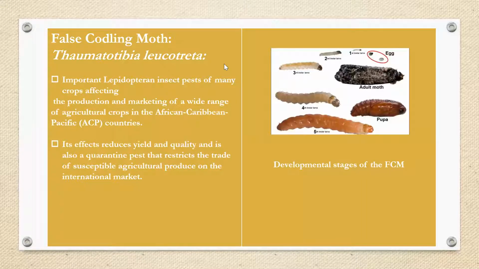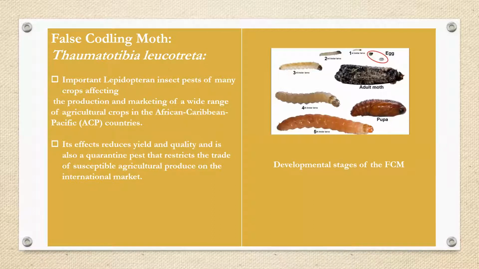The false Codling moth, the scientific name is Thaumatotibia leucotreta. It is an important moth, a lepidopteran pest with a very wide host range indeed. It's documented that it affects almost up to 70 host plant species. This has been so troublesome in our trade, particularly for the ACP countries, when we trade with countries that do not have this pest.